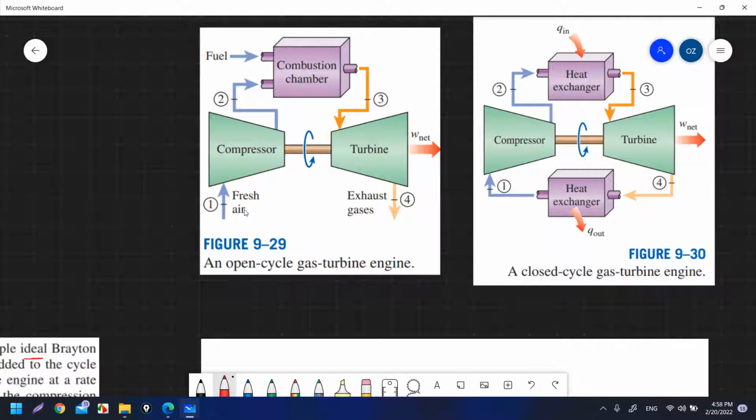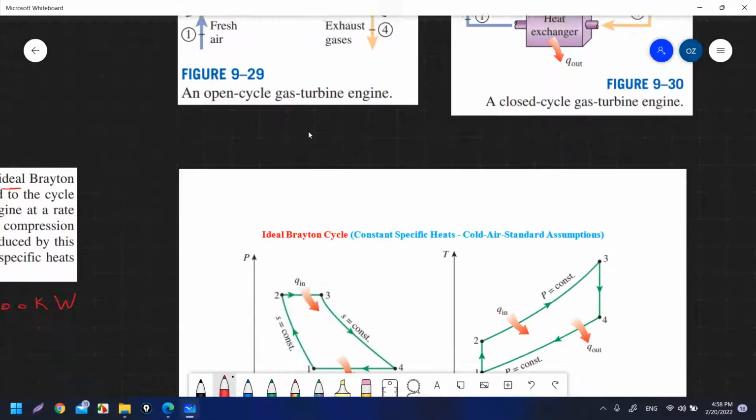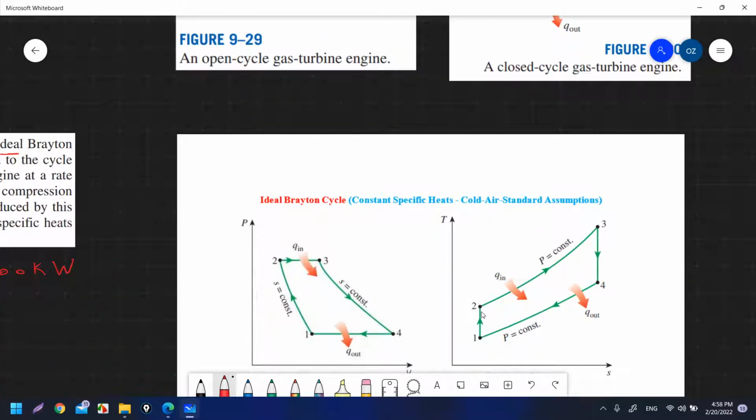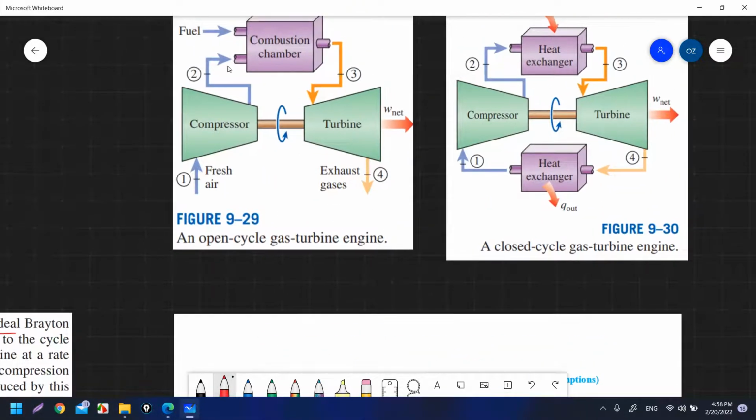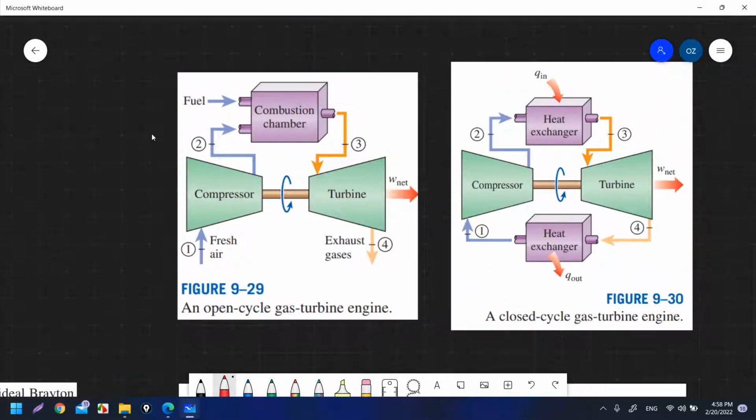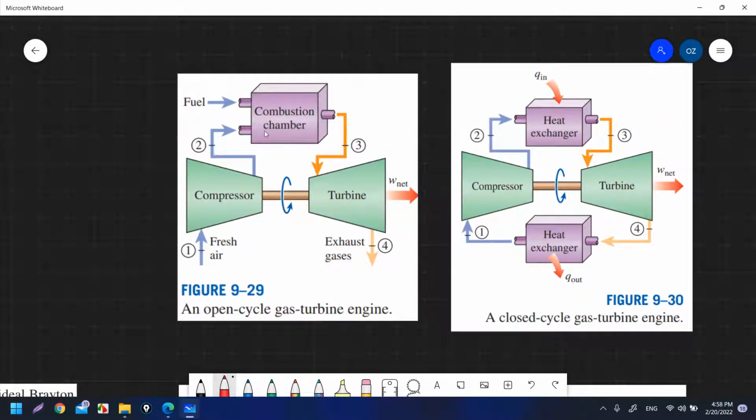When you increase the pressure, you also increase the temperature from 1 to 2. The fuel absorbs heat from this hot air, and there is combustion. Then the working fluid, the mixture of fuel and air, goes to the turbine and produces net work, and the exhaust gases go out.